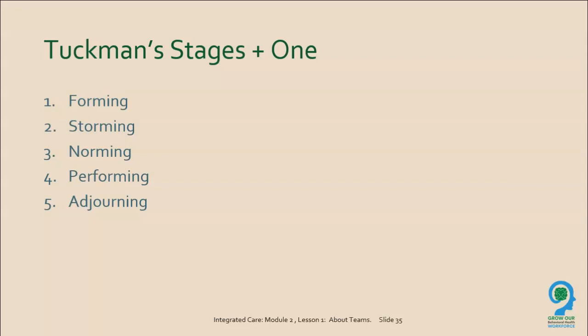In 1977, he started in 1965 with the 4 stages: forming, storming, norming, and performing. And in 1977, Tuckman and doctoral student Mary Ann Jensen added the 5th stage, called adjourning. So we now have 5 stages of team development that can help you to understand where you are in terms of your healthcare team.